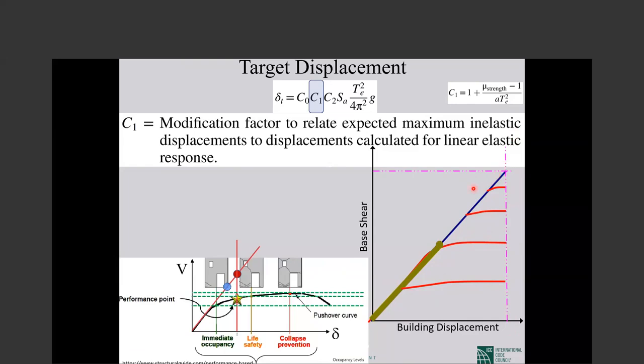It was from long ago that statistically, not for one earthquake, but on average for many, the maximum displacement is the same. Very interesting, very beautiful. So if the building is elastic, you get on average this much displacement.